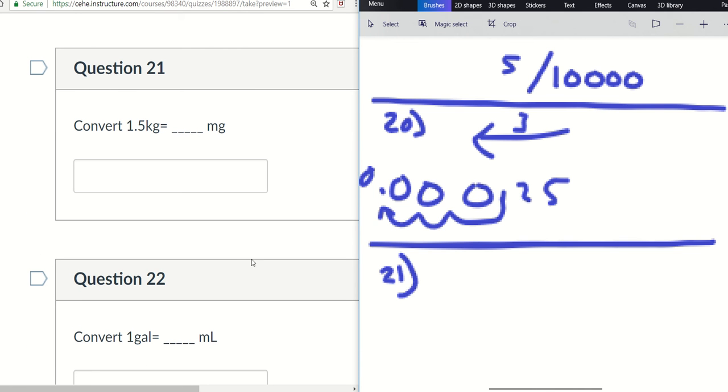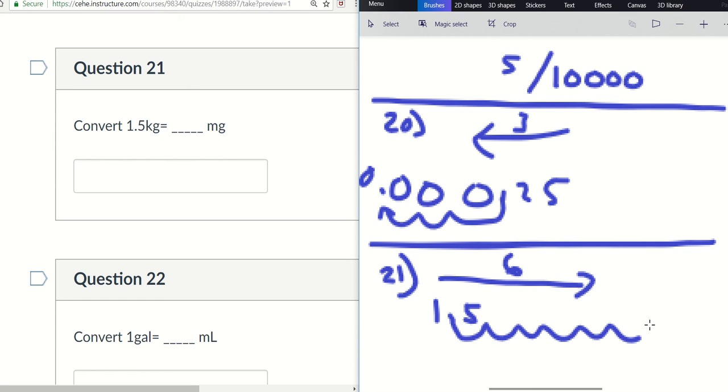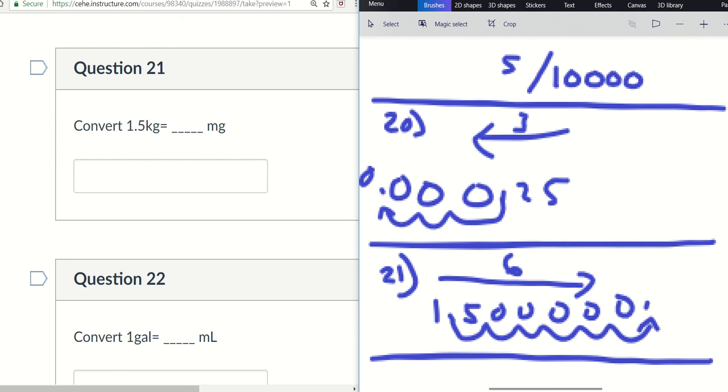Kilos to milligrams. 6 to the right. So 1.5. Let's move it. 1, 2, 3, 4, 5, 6. 1, 2, 3, 4, 5. 1.5 million for 21.